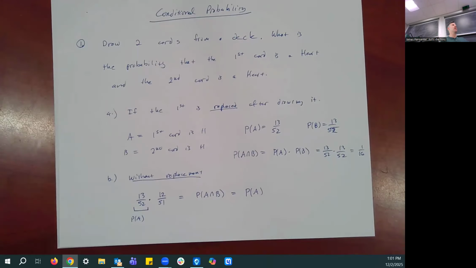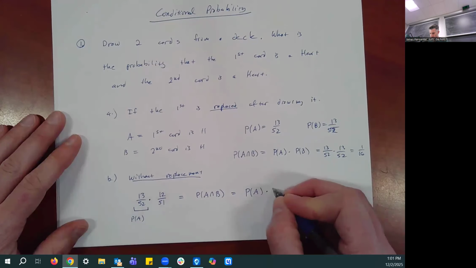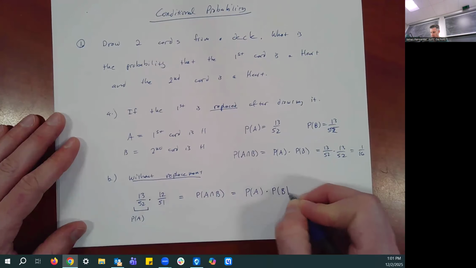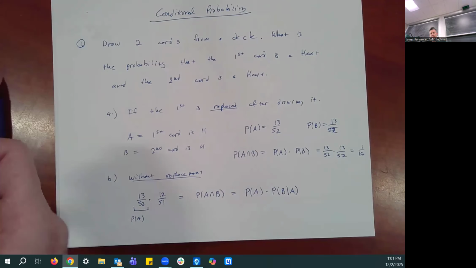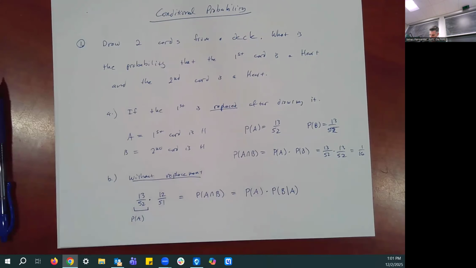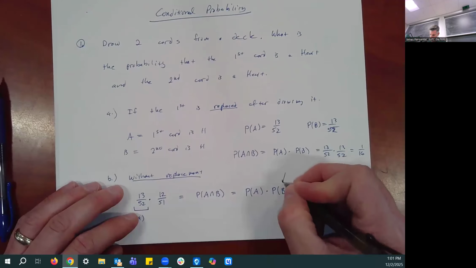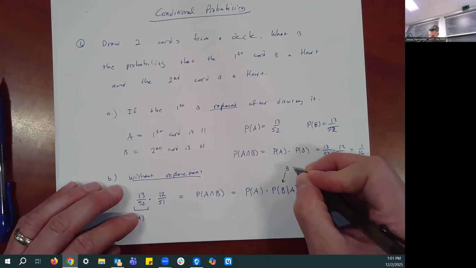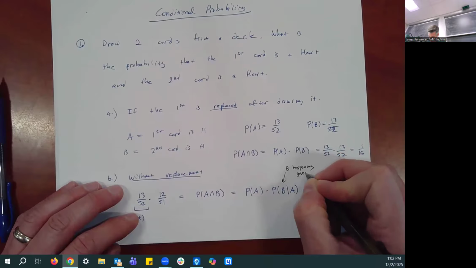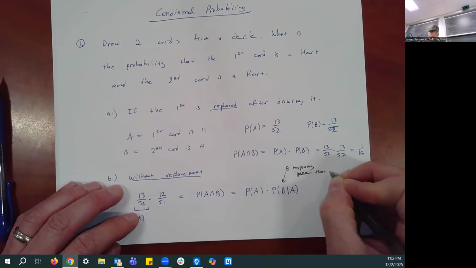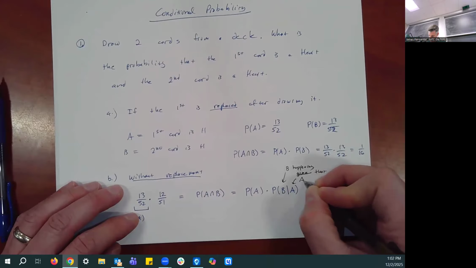We're assuming that a heart got drawn, and then we're asking what's the probability that B happened given that A has already happened. Oops, come on, pens, stay together. This is the probability of B happening given that A has already happened.